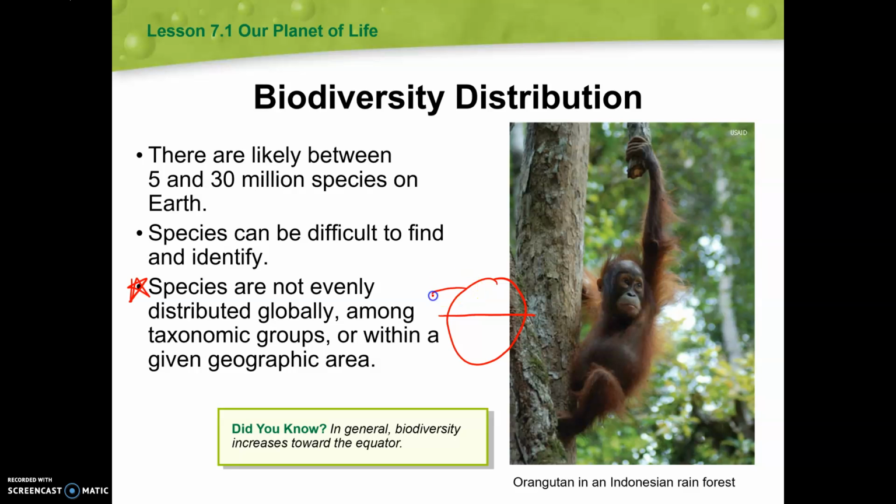So we're going to see a really heavy amount of our biodiversity in the lower areas, even more near the equator. A lot of it you're going to see falling right along this equator. So remember that the distribution is not even throughout the earth.